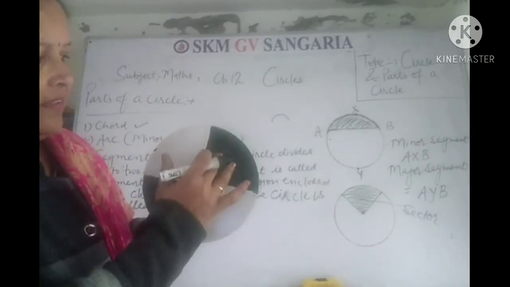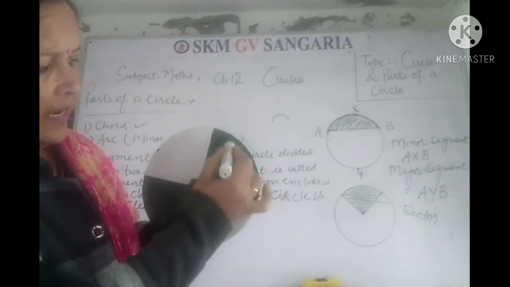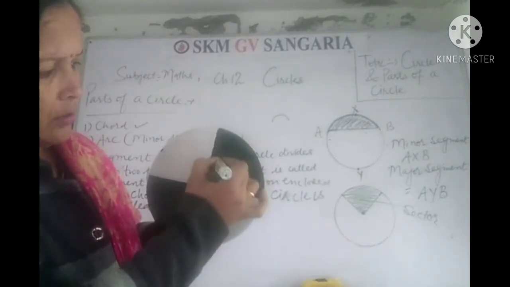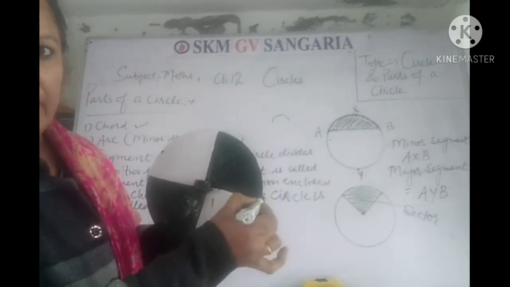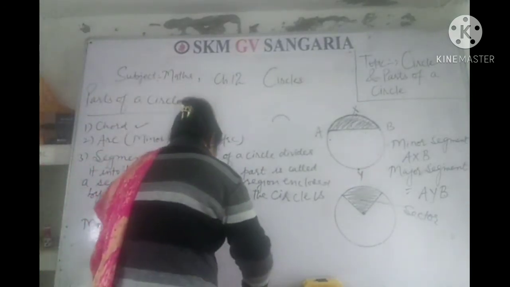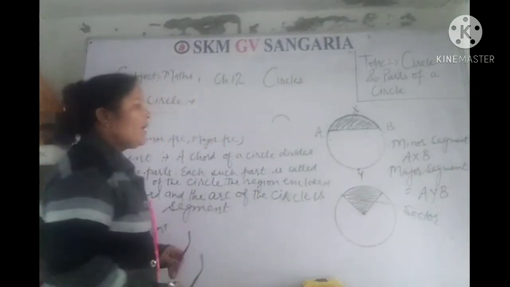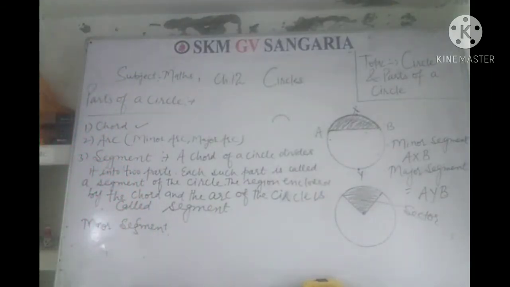Okay. So we can say about this black portion here: the area enclosed by two of the radii and an arc of the circle is called the sector of the circle. The area enclosed by two radii of the circle and their connecting arc.